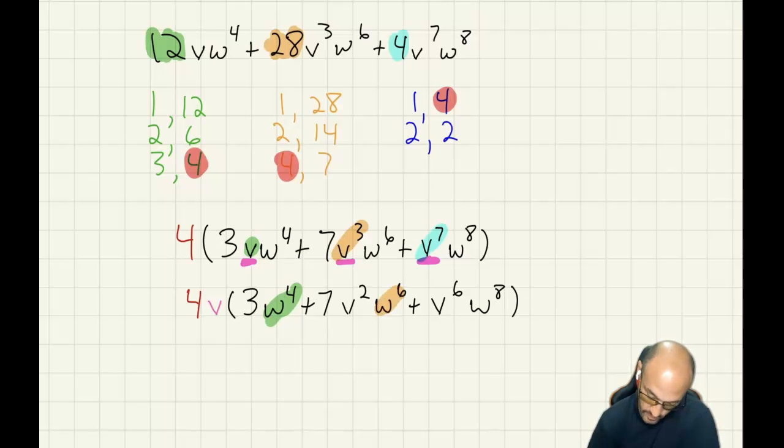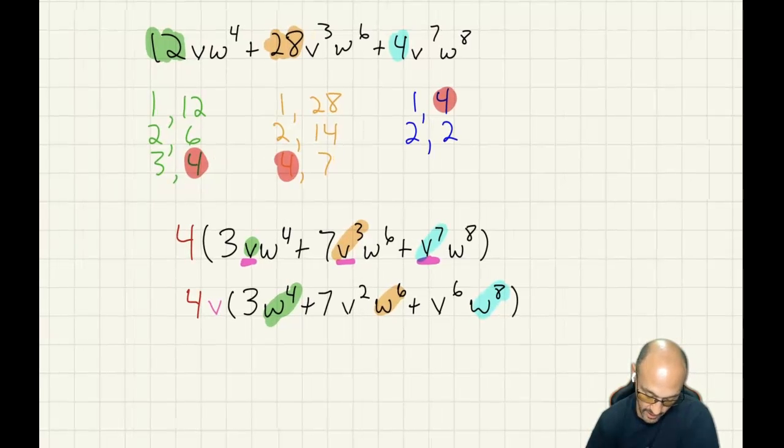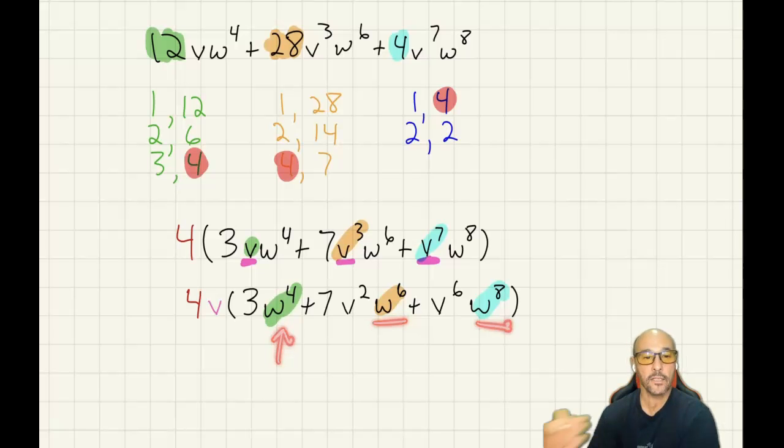Those are what I'm looking at. And because w to the 4th is the smallest one, I can factor w to the 4th out of each of them. So again, I'm going to grab a purple.